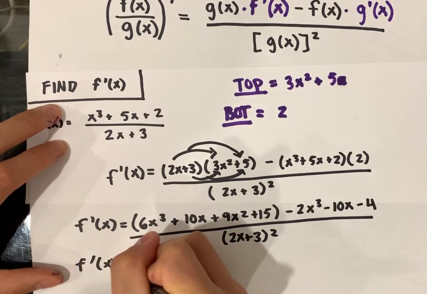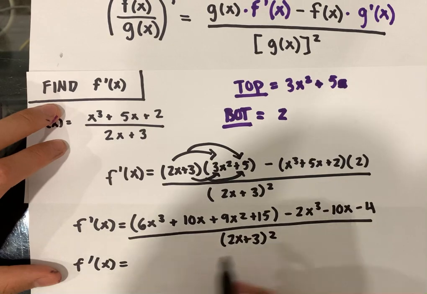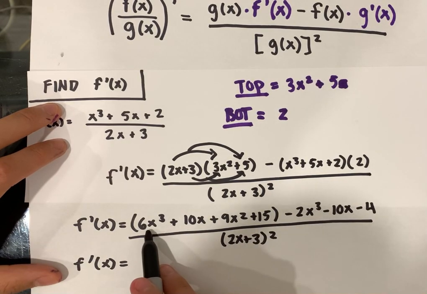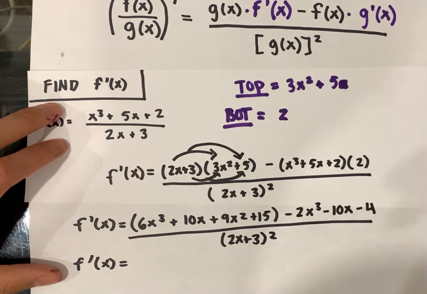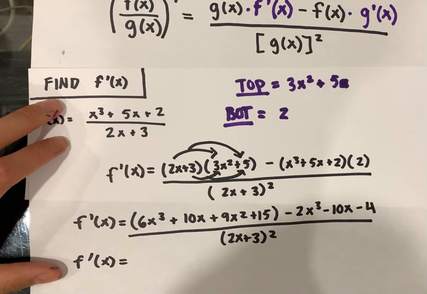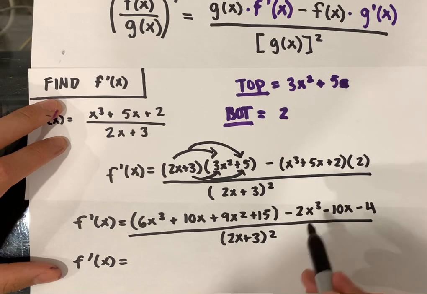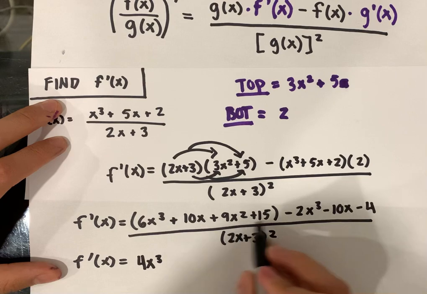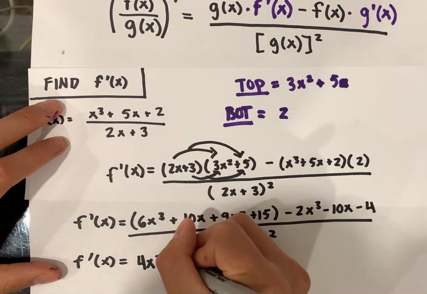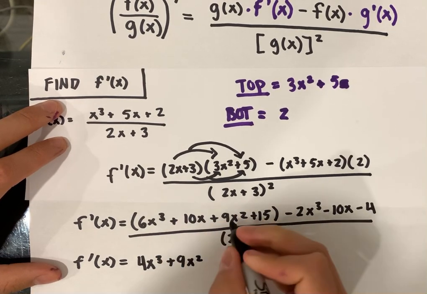And now we're just going to simplify this numerator out, and here we can see that there are both two terms with x cubed, so we're going to subtract those out. We have 6x cubed minus 2x cubed gives us 4x cubed. There's only one x squared term, so we're going to put 9x squared, just keep it there.